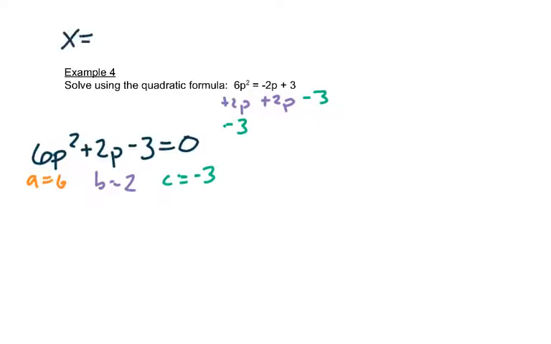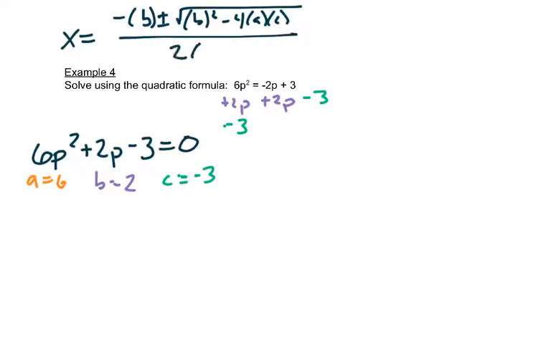So I write my formula. x is equal to the opposite of b plus or minus the square root of b squared minus 4 times a times c, all over 2 times a.